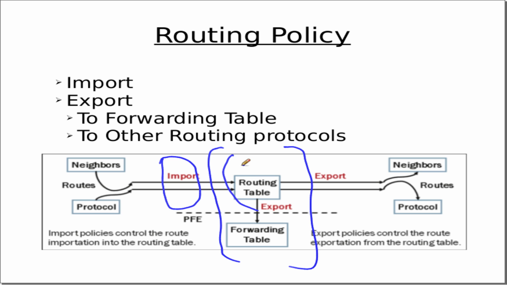Not only that, routing policy affects the routing information that is entered into the routing table, but it also affects the information that is exported out of the routing table, like to other neighbors, or even exported to the forwarding table of the same router. So this all is controlled and maintained by the administrators by employing different techniques through routing policy implementations.